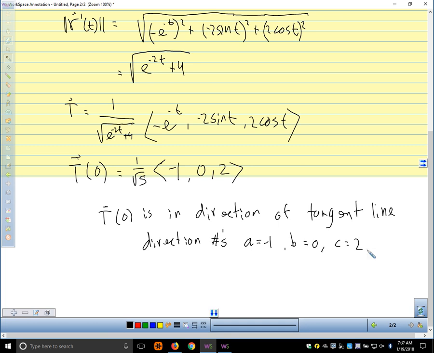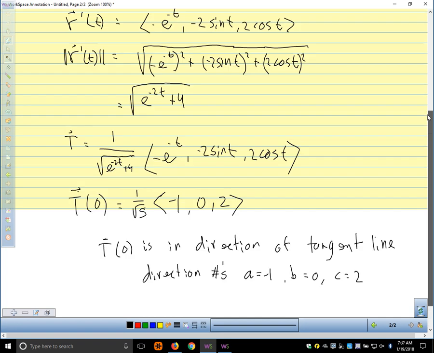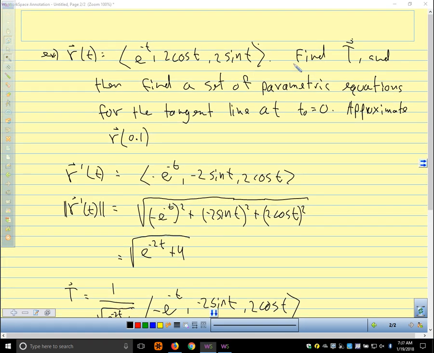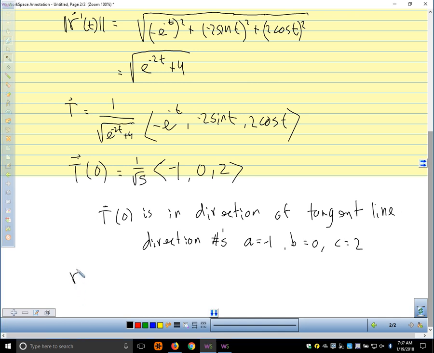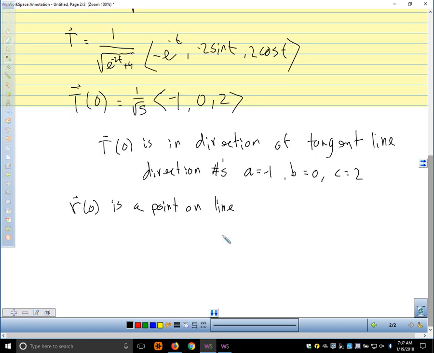And we need a point on the tangent line to write our parametric equations. Well, a point on the tangent line is going to come from R at t0. So R of 0 is a point on the line. So R of 0, we plug 0 into our position.